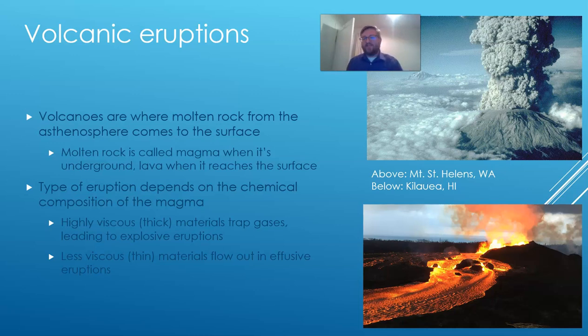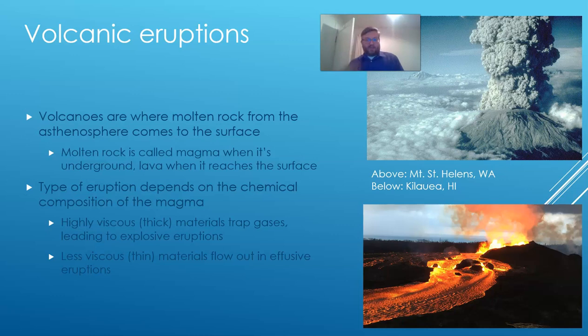And in fact, that's the term for this kind of eruption: explosive eruption. This happens when the materials in that magma are very viscous. So they're very thick. You can think of them as being closer to tar or honey rather than a thin, watery consistency.